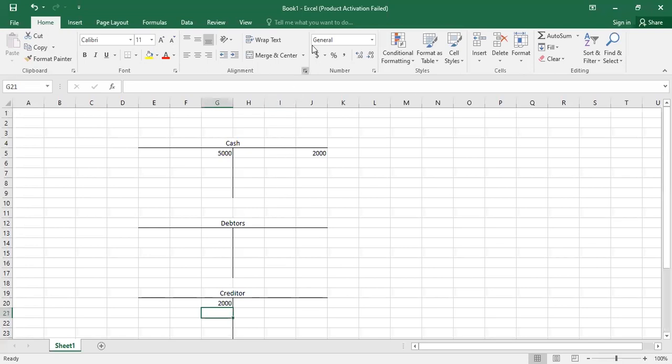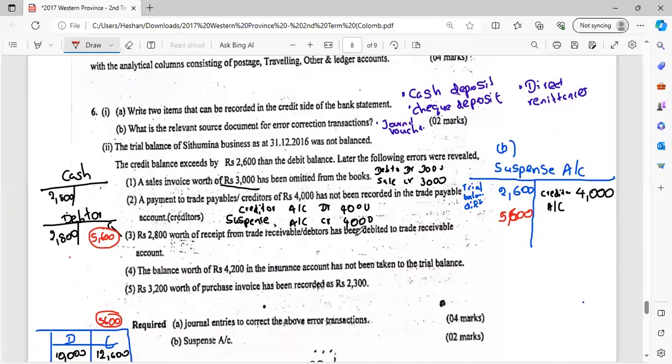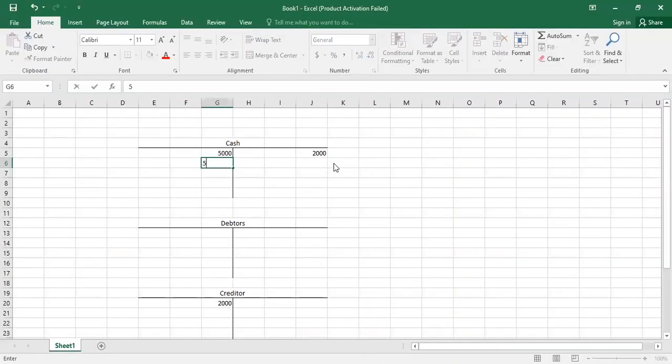The other one. This transaction. What is the transaction? Receive 2,800 from debtors. Cash book debit 2,800. But debtors account should credit. (Sinhala) But we have put it on the debit side itself, 2,800. This is the wrong transaction.